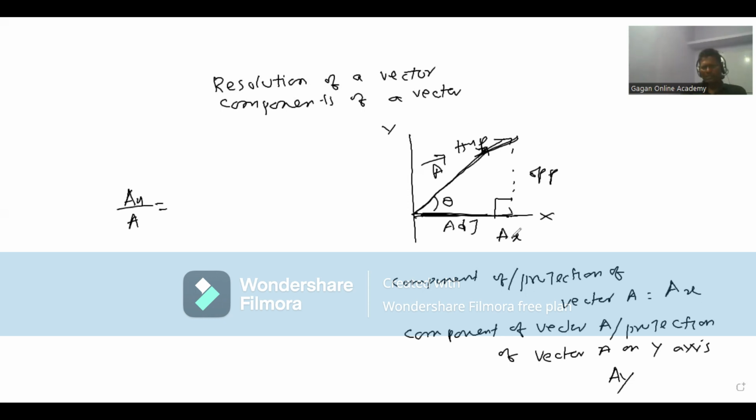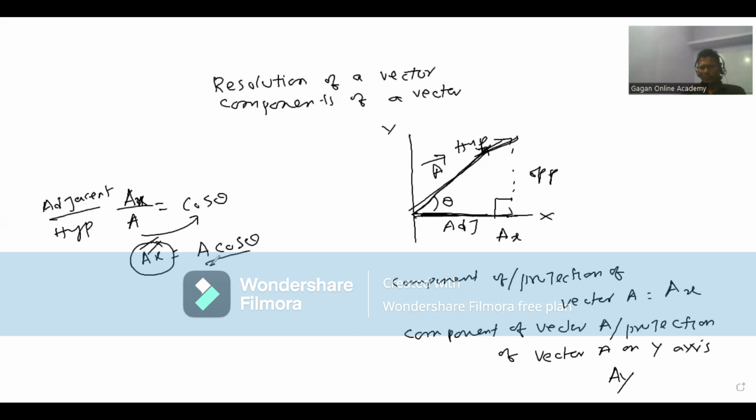Ax is considered as adjacent side and this vector A is hypotenuse. So adjacent side by hypotenuse, that is cos theta. From this, Ax is equal to A cos theta. So horizontal component of this vector A, represented by Ax, is equal to A cos theta.